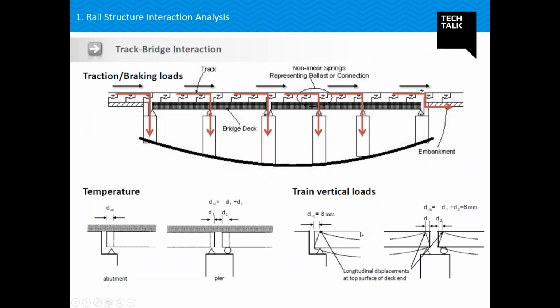Due to this rotation of my deck, there will be a displacement at the top of my deck. As per the UIC guideline, this displacement should be less than 8 mm. And the other thing, the relative displacement between deck and rail, should be less than 5 mm.